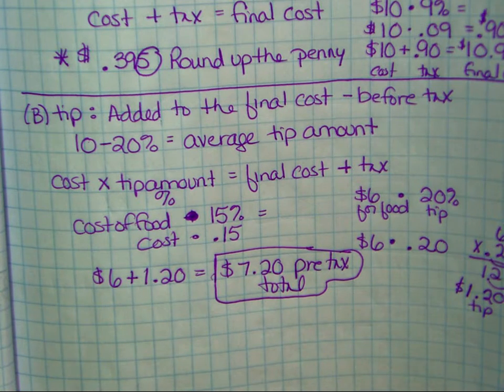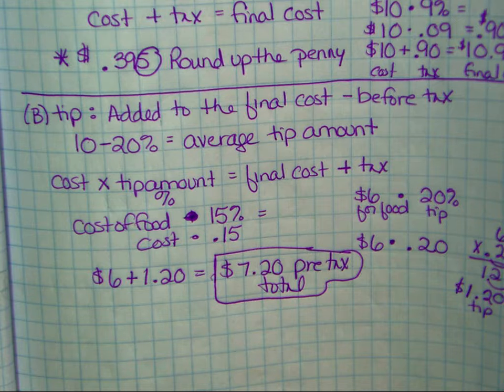Now, here's a little trick, a little tip or trick for the tip. Notice I said the percentage on an average tip is anywhere from 10 to 20%. What did I say the California tax rate is approximately? Lane. 8.75%, right?